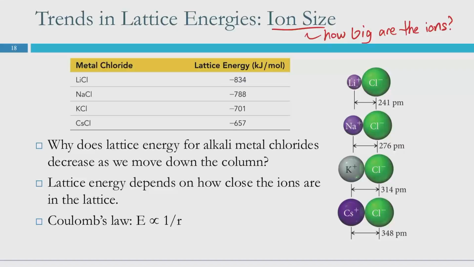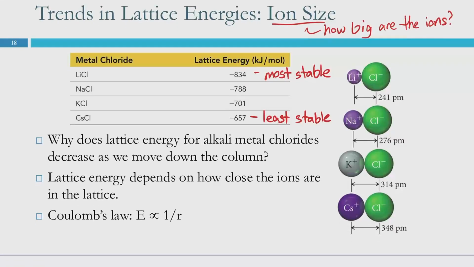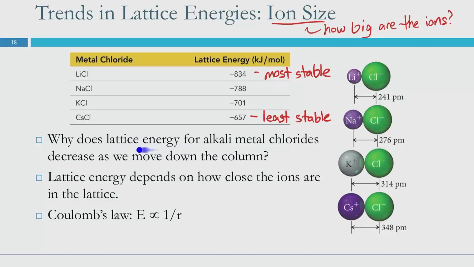So that's the most stabilization. And as we move down, we move towards the least stable. So why does lattice energy for the alkali metal chlorides decrease as we move down the column? Our ions are getting bigger. Ions get bigger down a column.